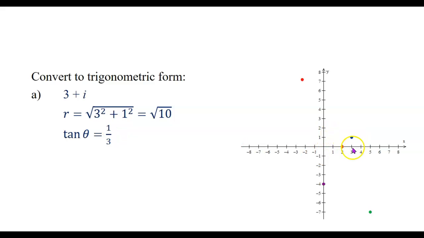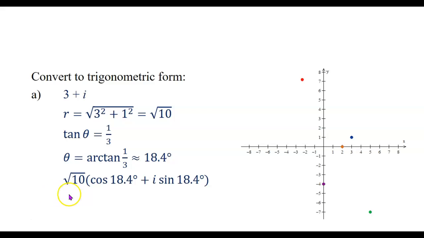That would be like the y over the x. So theta would be the arctangent of 1/3, which is around 18.4 degrees. That gives us an angle in quadrant 1, which is the quadrant where 3 plus i is. So that is the correct value of theta. We don't need to make any adjustments.